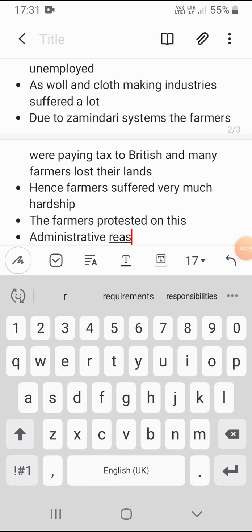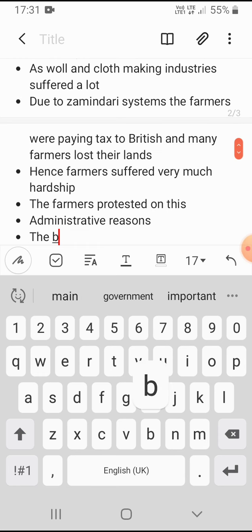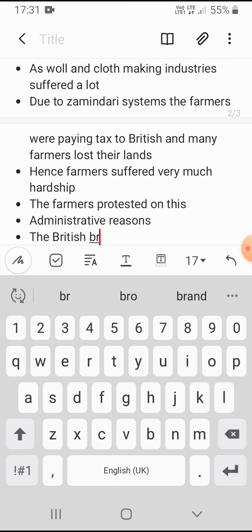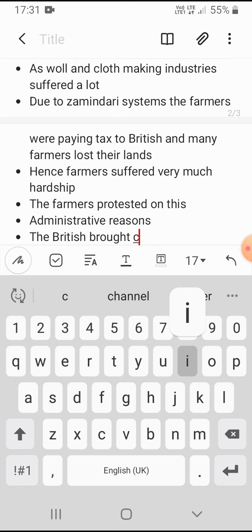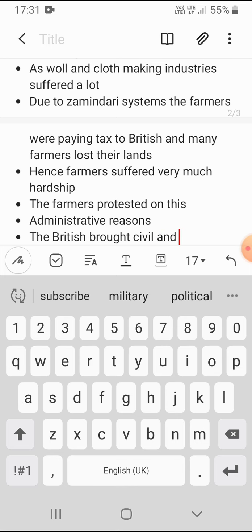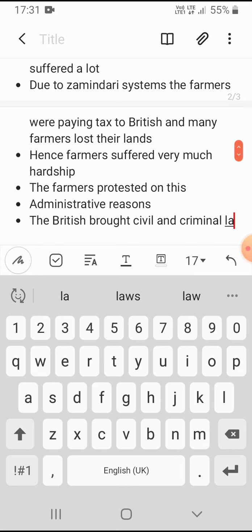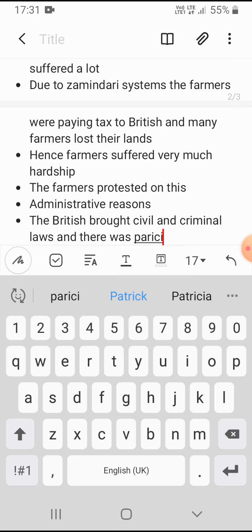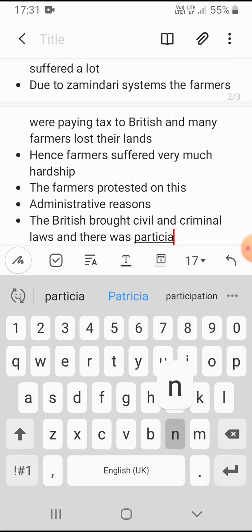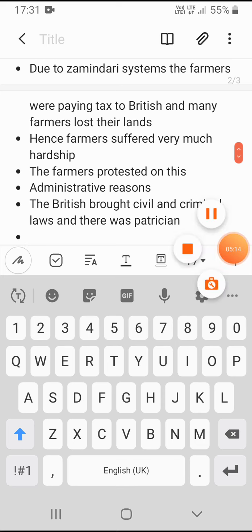Administrative reasons: the British brought civil and criminal laws, and there was partition.